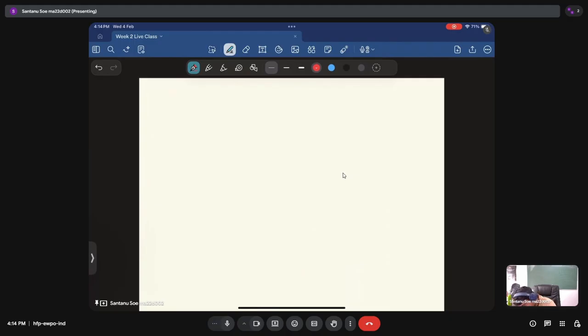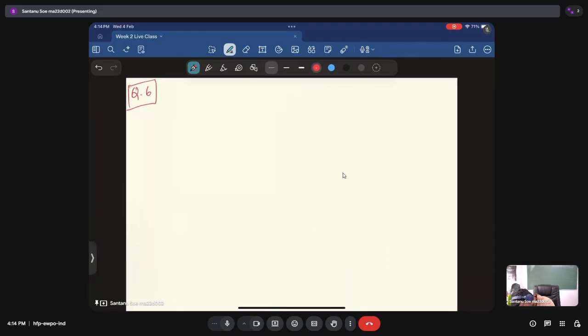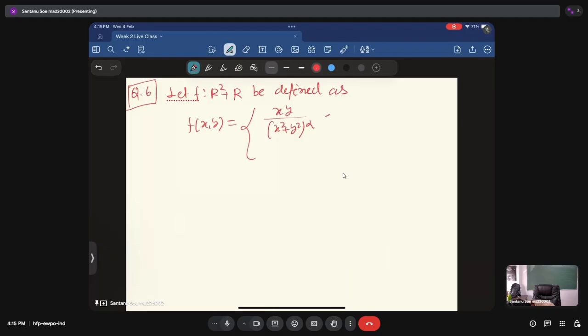So the question is given like this. Let f from R^2 to R be defined as f(x, y) equals xy divided by (x^2 + y^2)^alpha if (x, y) is non-zero, and 0 if (x, y) is (0, 0).